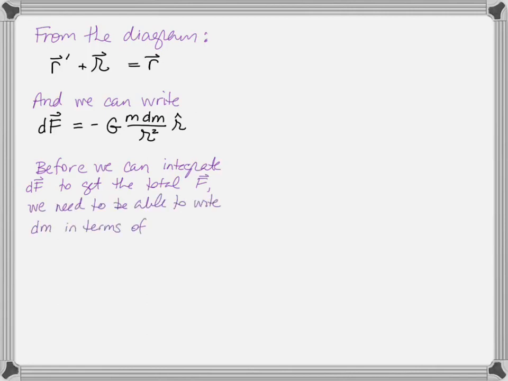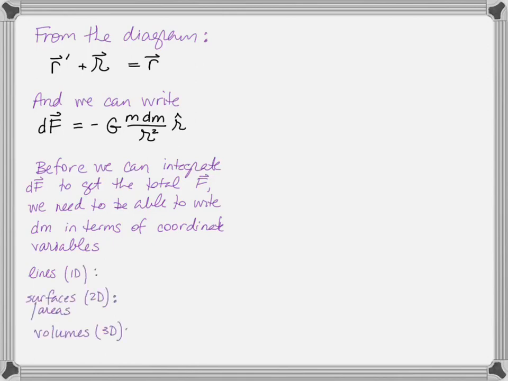This is a pretty standard convention of how to write these things. And it's different depending on whether it's a line, a surface, or a volume. And if it's a line, the standard symbol that we use for the linear charge density is lambda. So you get that dm equals lambda dl.